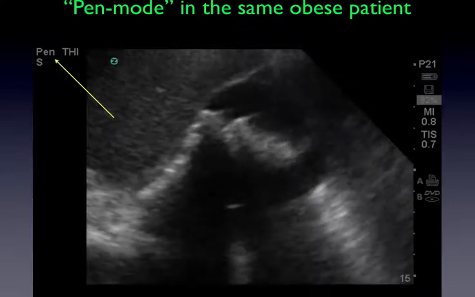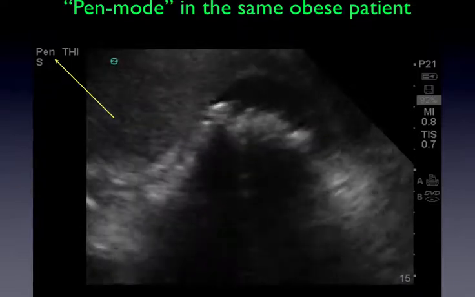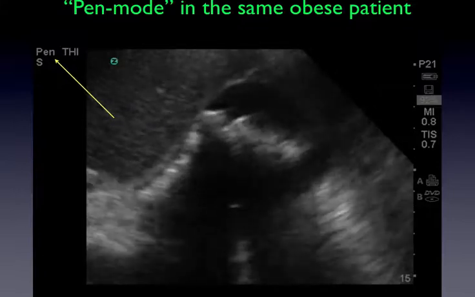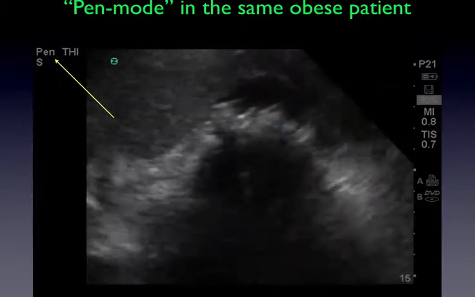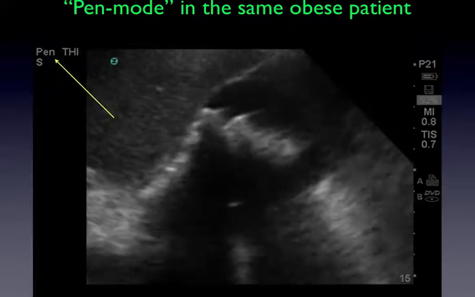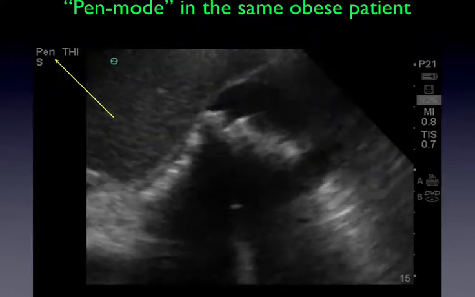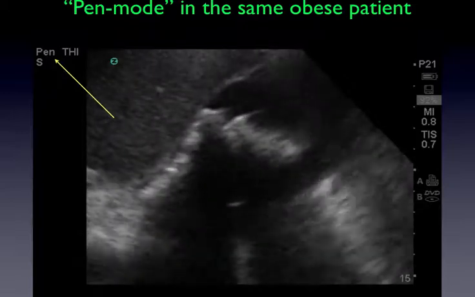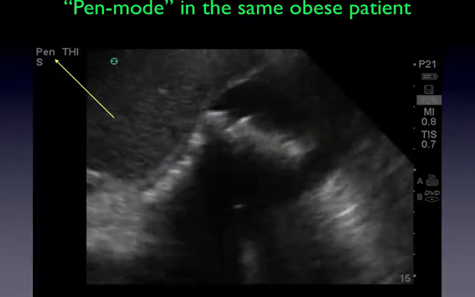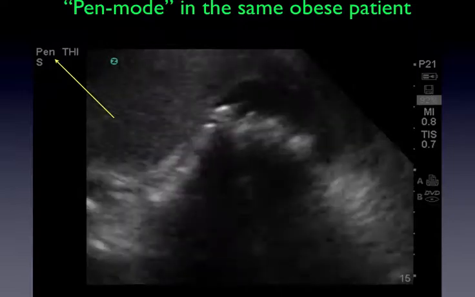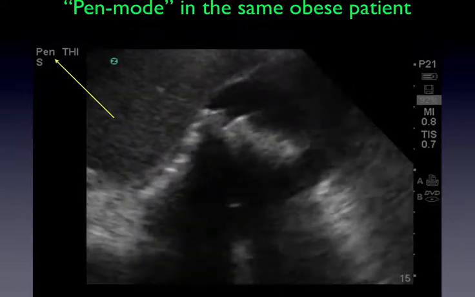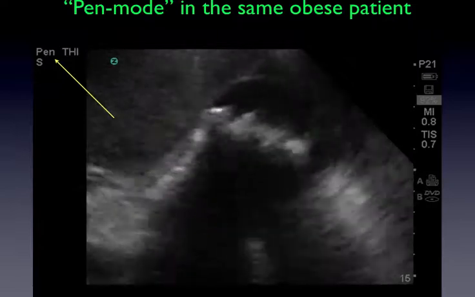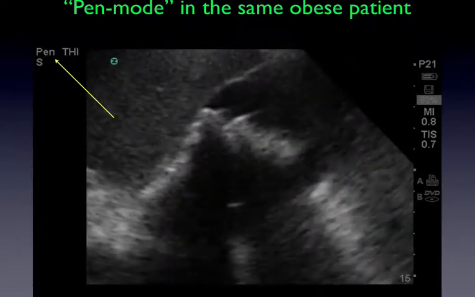I use the penetrating mode or the pen mode in an obese patient where I can't visualize structures as well as I would like. You don't get a very clear image, so this is not unusual in terms of quality, but you do get very good penetration. So it's a trade-off again. You're able to see what you want, but just not as clearly as compared to I can't see what I want at all. Just something to think about for the obese patient.